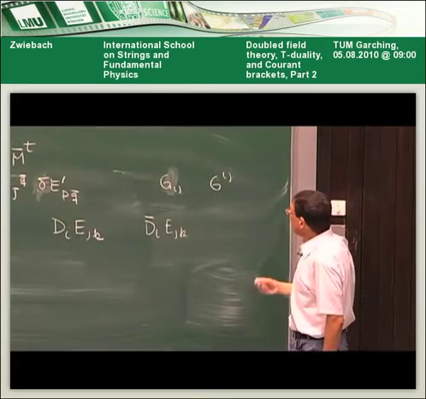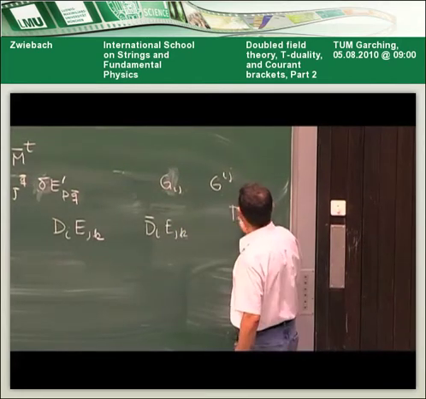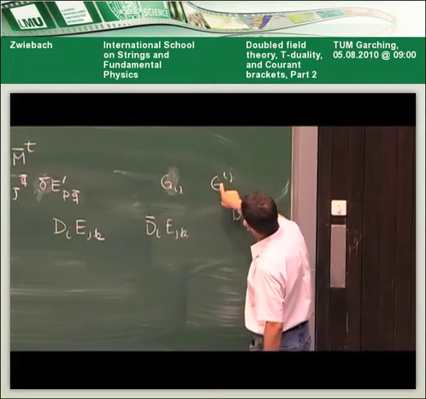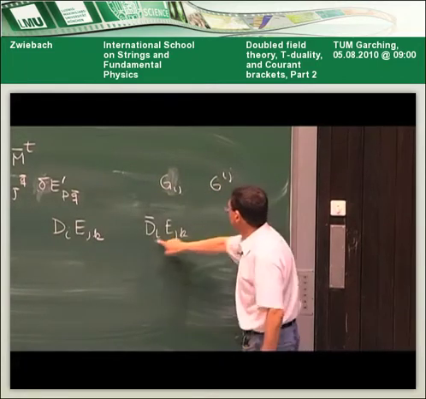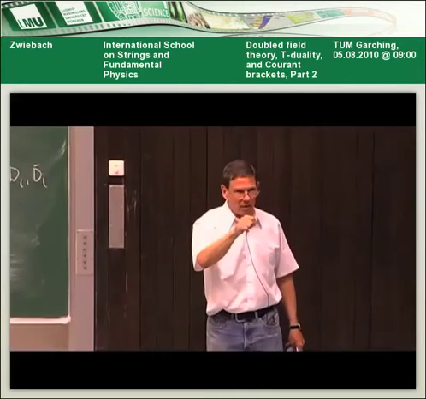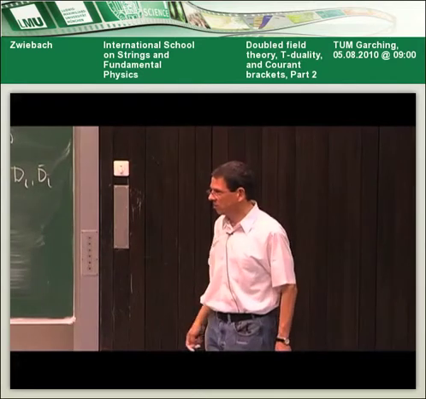So here are our objects. We have di's, di bars, g's, and derivatives of e's, and they're all nice tensors that transform with m's and m bars under ODD transformations.